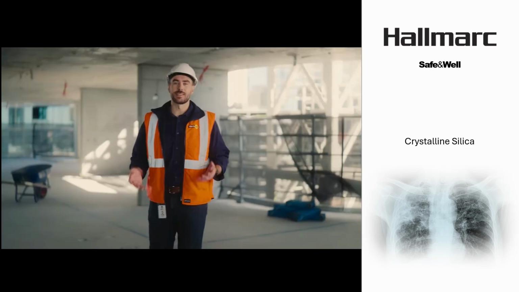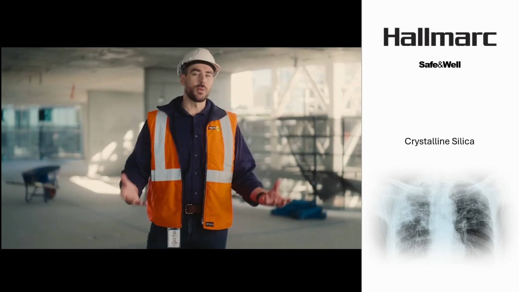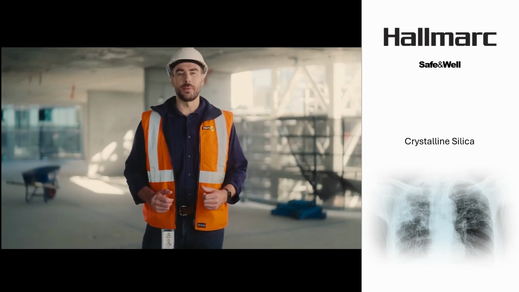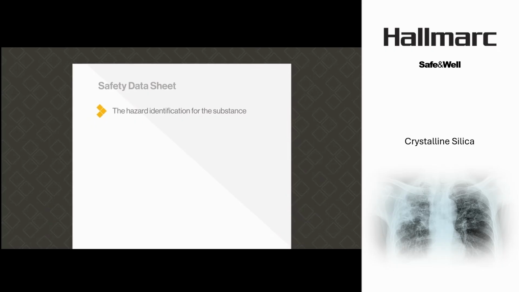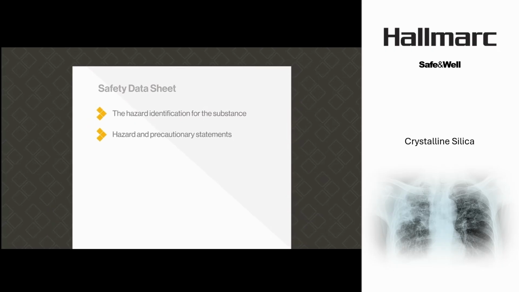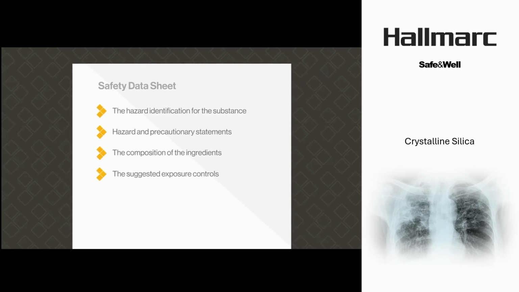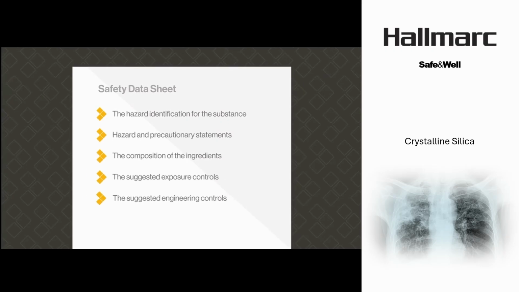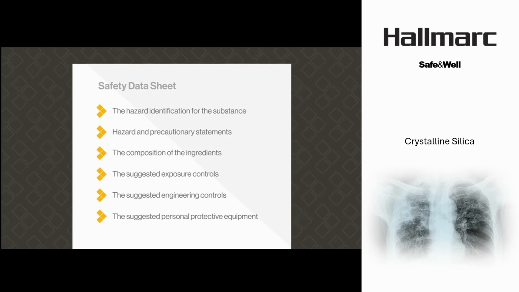If you work with a hazardous substance, you can review a safety data sheet from the manufacturer or supplier and find crucial information, including the hazard identification for the substance, hazard and precautionary statements, the composition of the ingredients, the suggested exposure controls, the suggested engineering controls, and the suggested personal protective equipment.